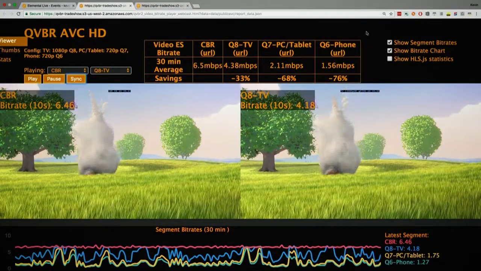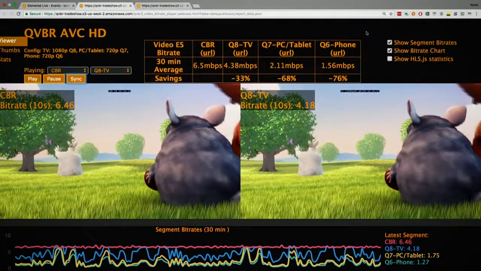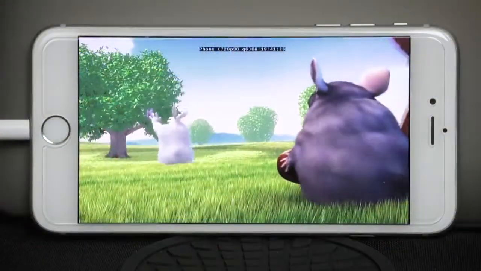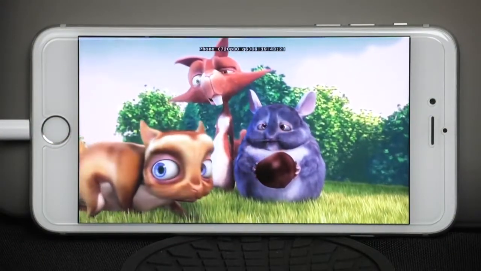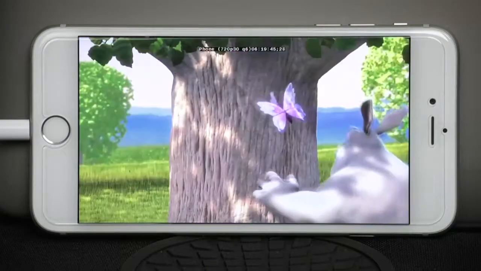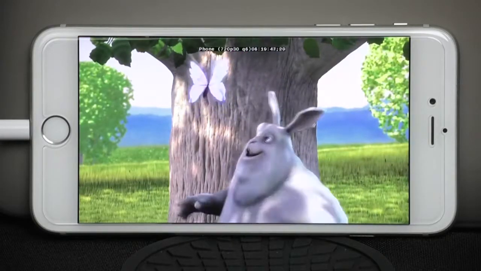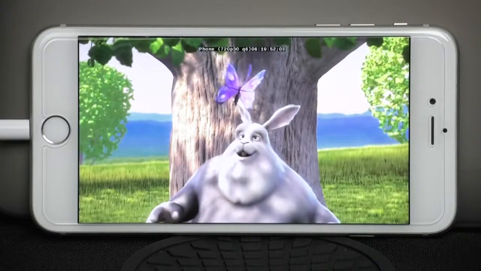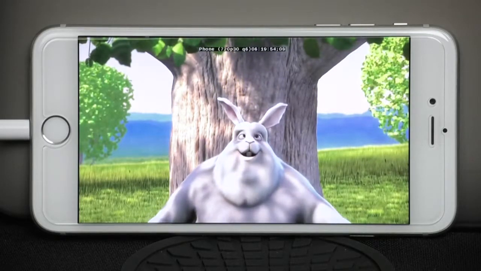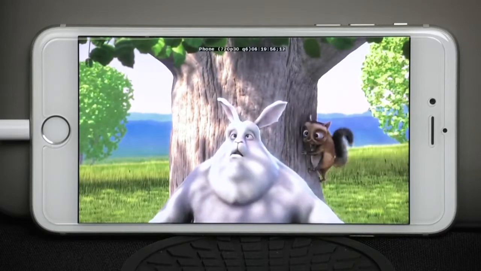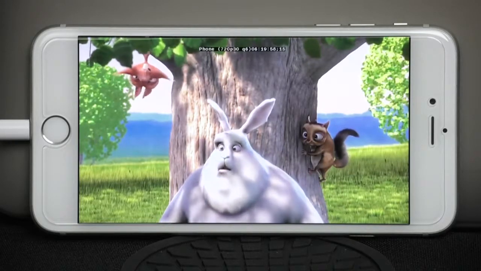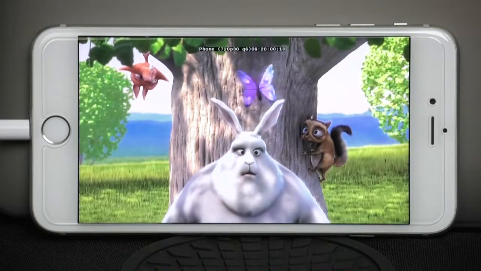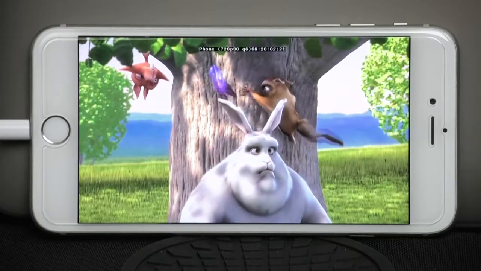But most importantly, we're able to show that we have great support on mobile devices. And so in fact, over here on this camera, I'm showing this same content from these same URLs running on iOS 11. This is the stock iOS HLS player. And it's been streaming my Q6, quality level 6 output, and it's been streaming like a champ, no problems whatsoever.